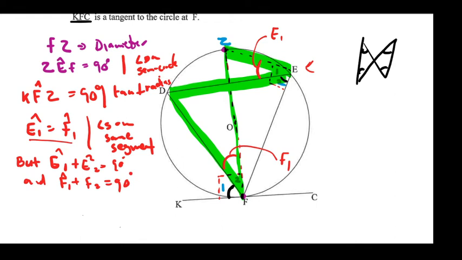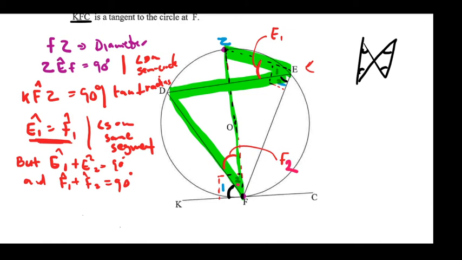Because there's a commonality here: E1 plus E2 gives you 90, F1 plus F2 gives you 90, right? And we just said E1 is equal to F1, right? Not F1, sorry, let me correct myself, I didn't see properly. It's actually F2, as you can see here, it's written 2. So it's F2.